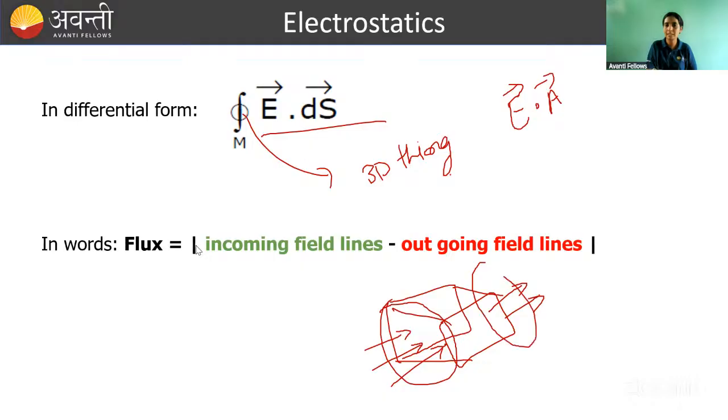Flux through this area is because of 2 field lines. Total flux through the cube will be what? Flux through one surface minus flux through another surface. क्योंकि at surface A, flux is entering. At surface B, flux is leaving. So net flux through a closed surface में क्या लिख सकते हो? Incoming field lines minus outgoing field lines.